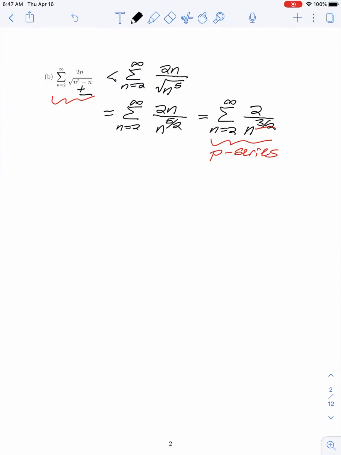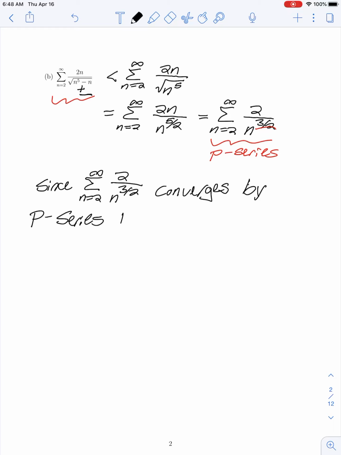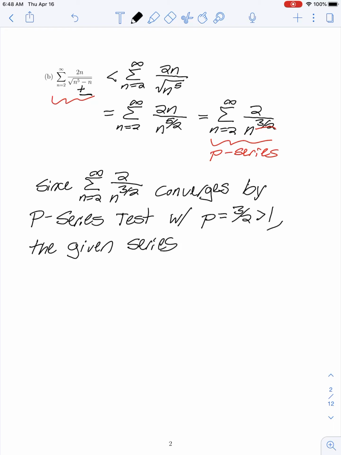So let's write out our justification here. We could say, since the sum from 2 to infinity of 2 over n to the 3/2 power converges by the p-series test, where the value of p is equal to 3/2, which is greater than 1, the given series converges by the direct comparison test.